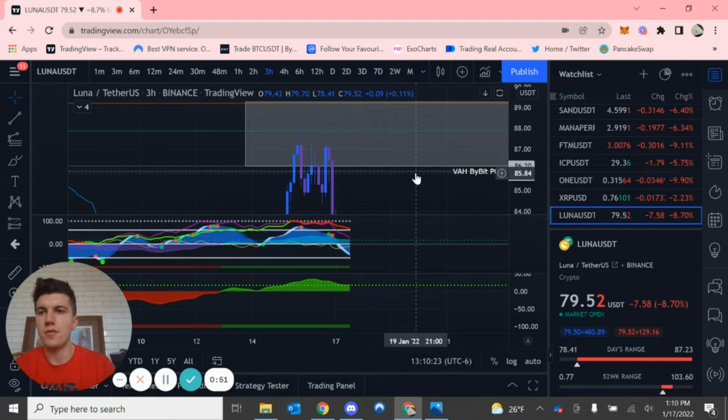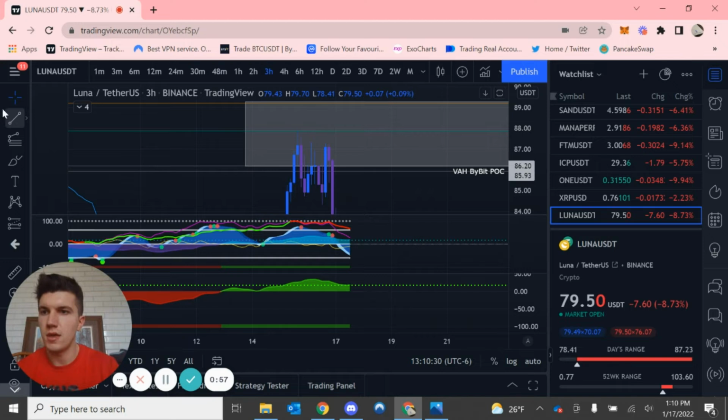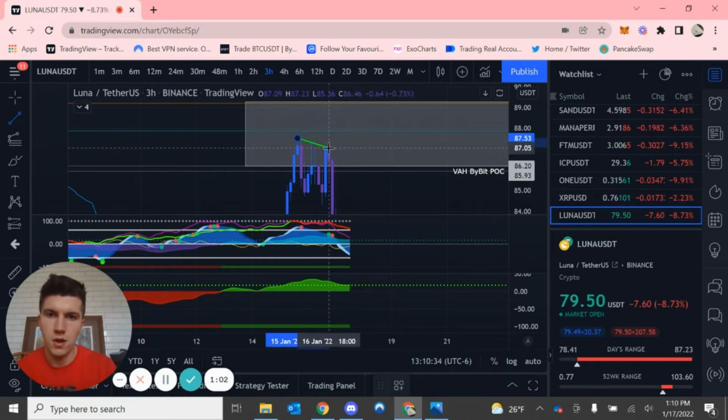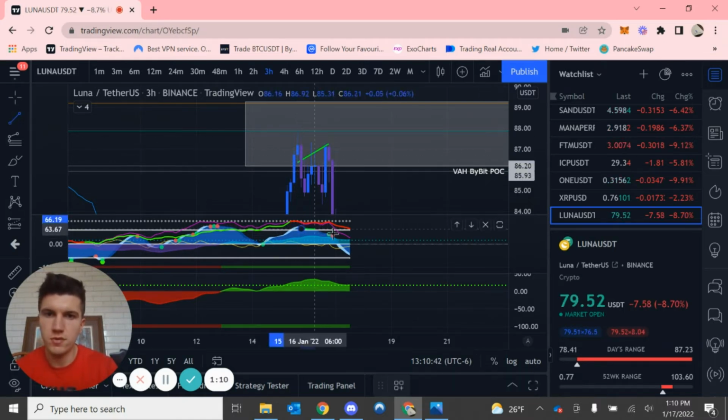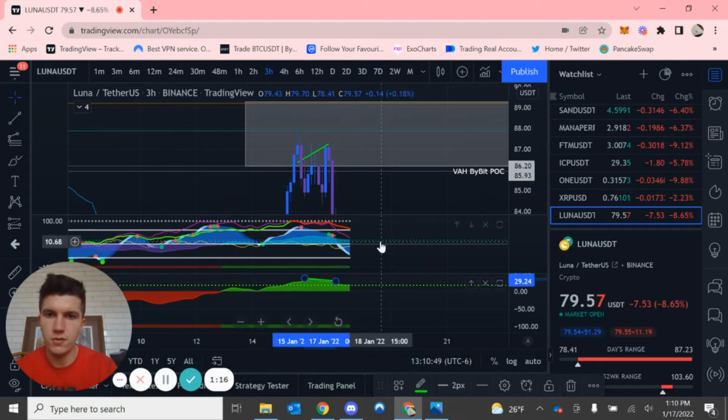In this example, we had divergences forming on the 3 hour time frame. When we go here, you can see price making higher highs as momentum was coming down. We can also see pretty well in this example money flow coming down.